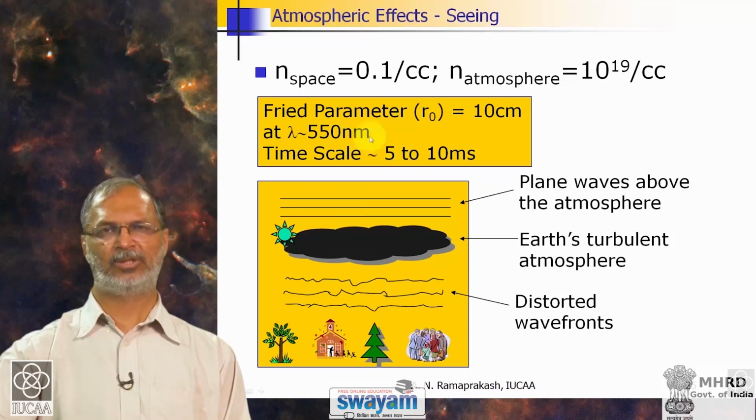And what is to be kept in mind is that the time over which the shape of the distorted wavefront changes substantially is of the order of a few milliseconds in typical atmospheric conditions. So, every few milliseconds the shape of the wavefront almost completely changes, with no correlation to the shape it had a few milliseconds earlier.